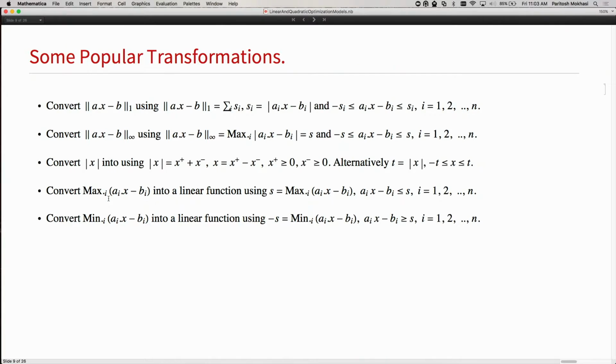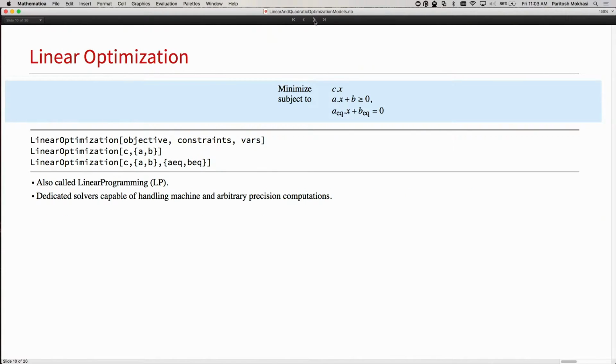Here's a nice fancy way that you can represent the absolute value of x using two auxiliary variables. If you have a set of linear functions and you want to find the maximum of that, again you have these transformations. So using these transformations, you can extend the scope of linear and quadratic optimization models. That's the point I'm trying to make here.